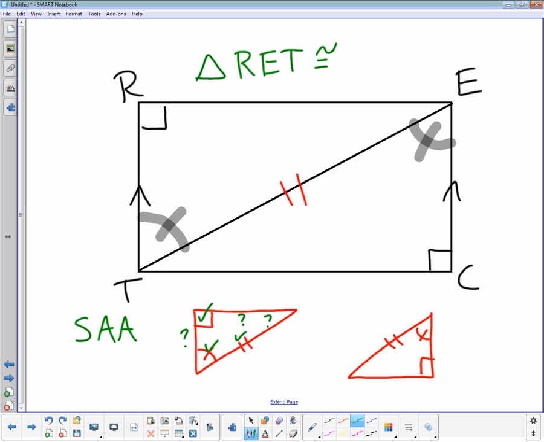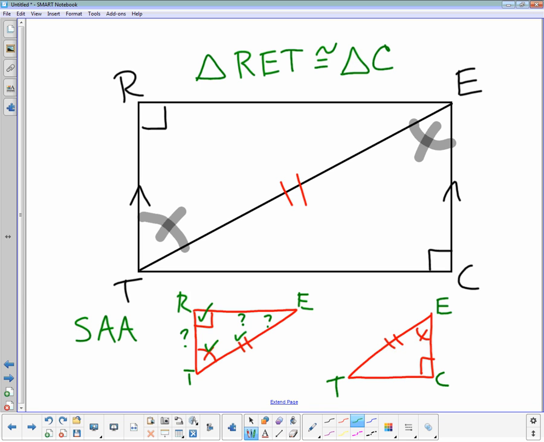R goes to C. Who does E go to? Oh, no, that's not R. Sorry, that's T.